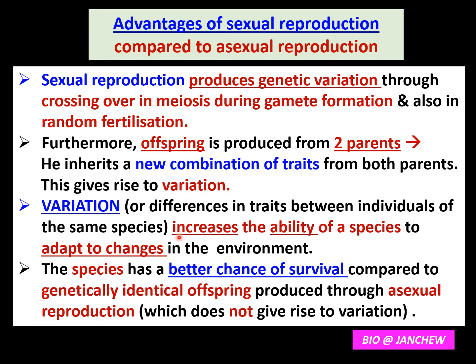So variation or differences in traits between individuals of the same species is very important because it increases the ability of a species to adapt to changes in the environment. All right.